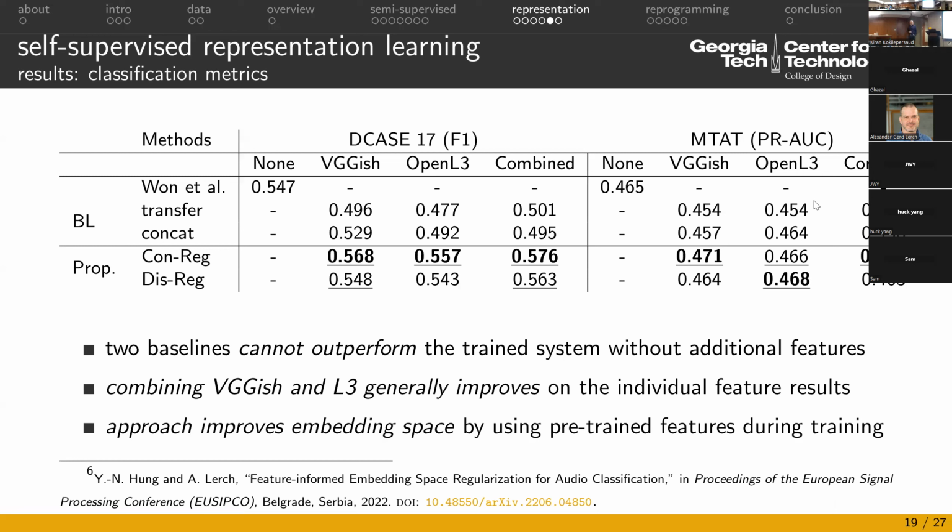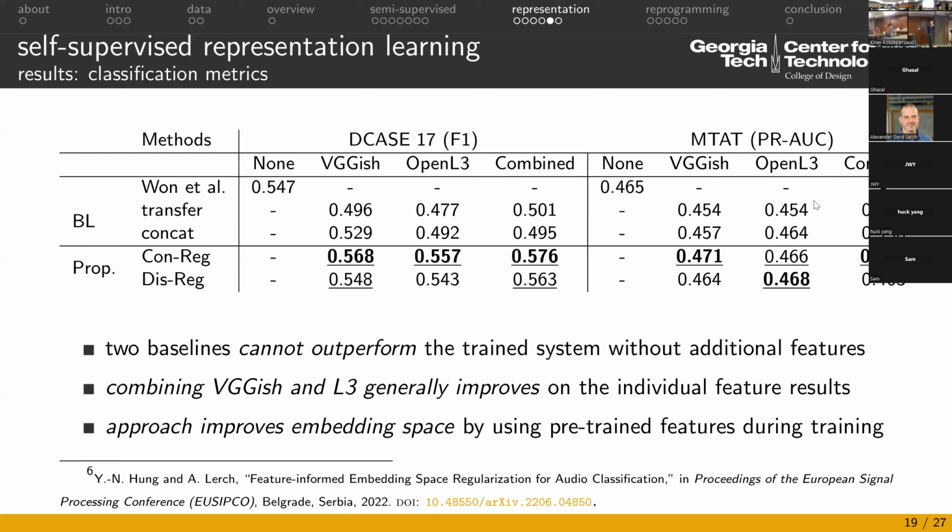It's not really surprising. And the same here for the other data set. What you can also see here is that if we just concatenate our external features and our trained embedding space, we actually get, sometimes improvement, sometimes not so much, but there's a trend here that this improves classification a little bit.